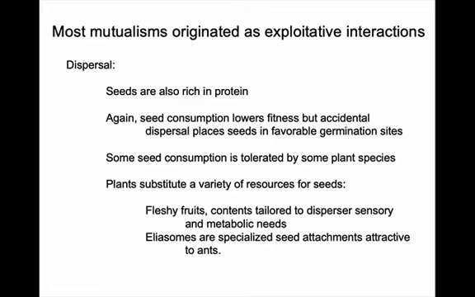And what about dispersal? Well, seeds are also rich in protein, so the same rules apply to the initial interaction that was exploitative. But if some of the seeds get passed through the disperser accidentally, then they will get away from the parent plant and they'll have higher fitness. So anything that promotes that interaction will be rapidly selected for.